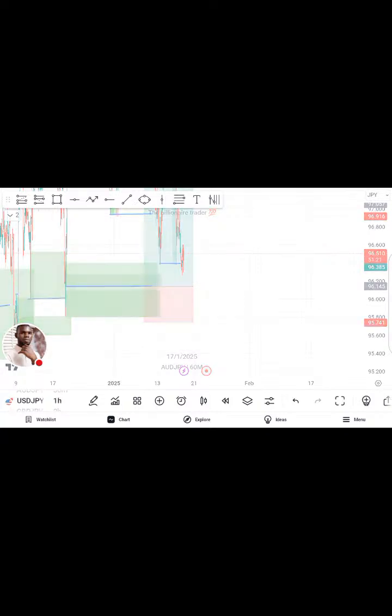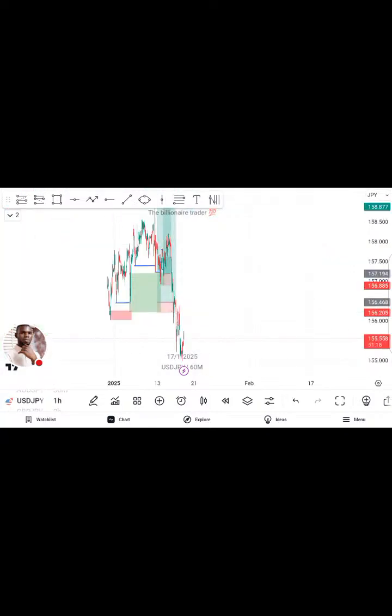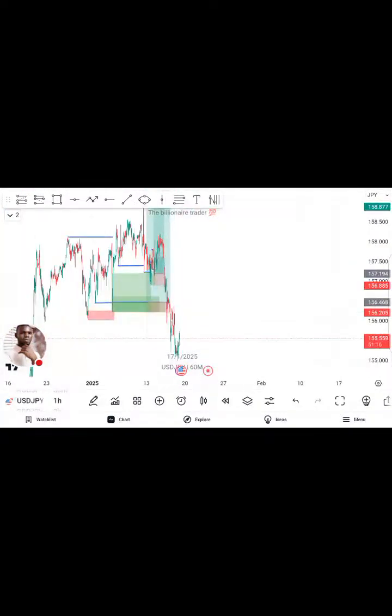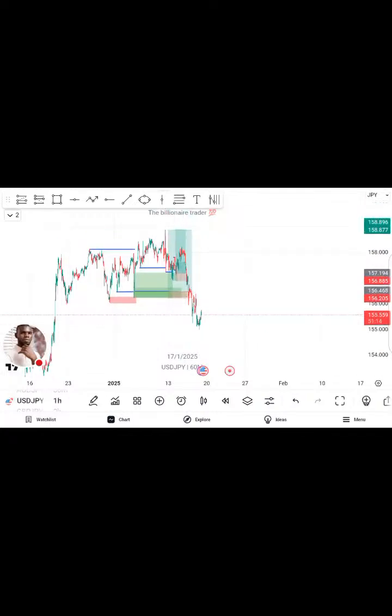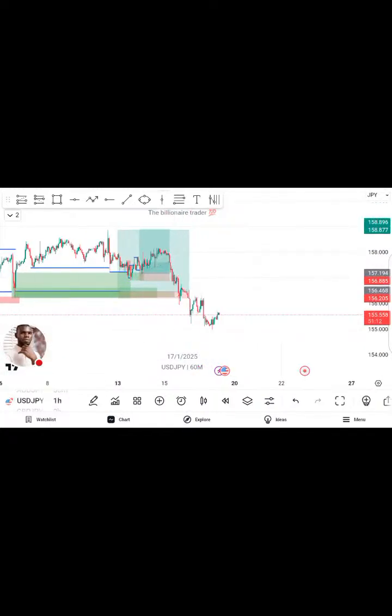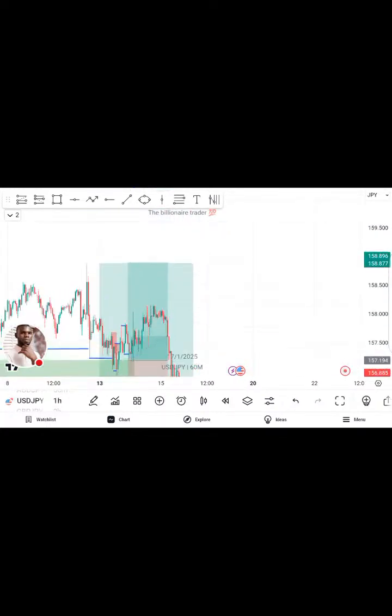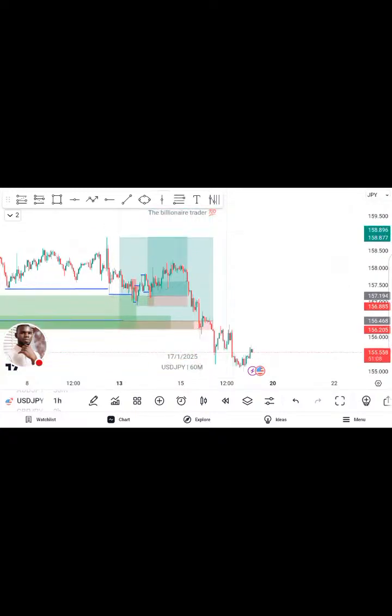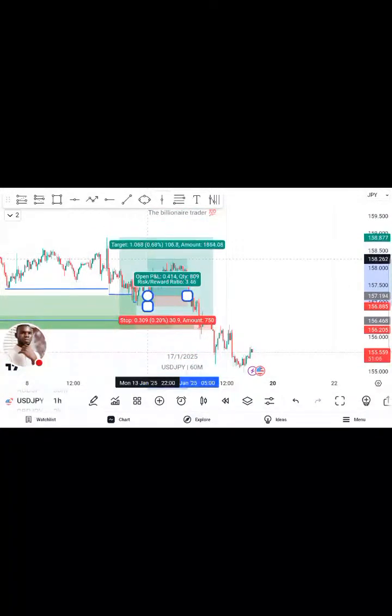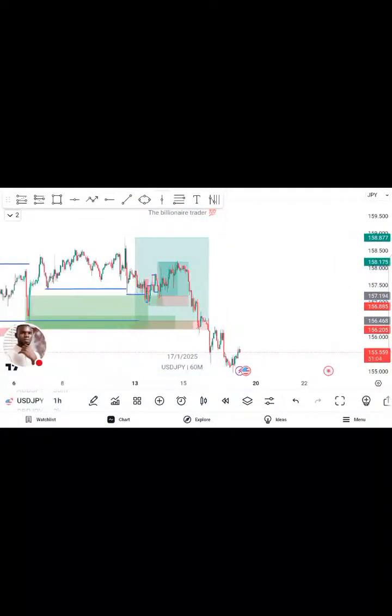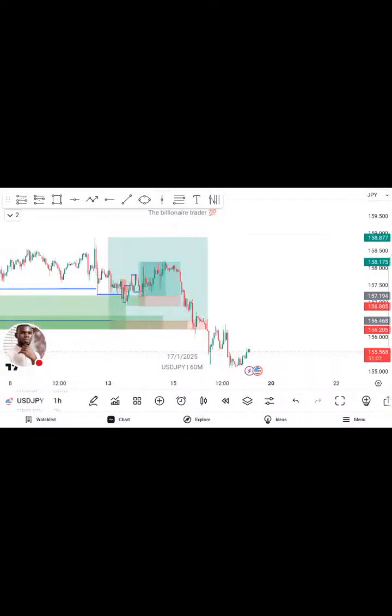But for other JPY pairs, the setup actually failed. Like for example, here's the JPY. This was the buy I explained in the last session. It actually did the 3 hour before failing.